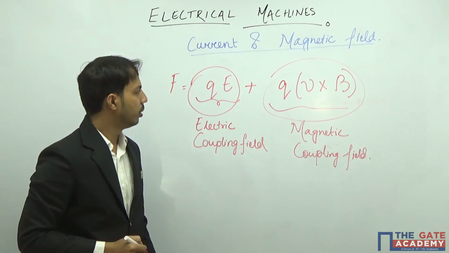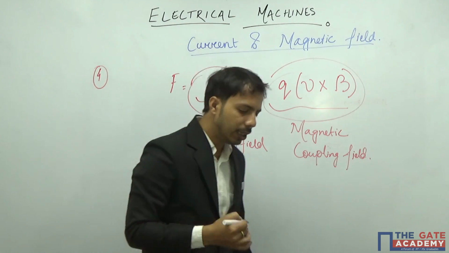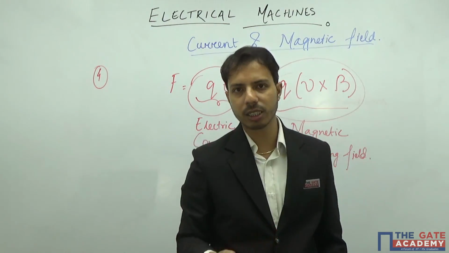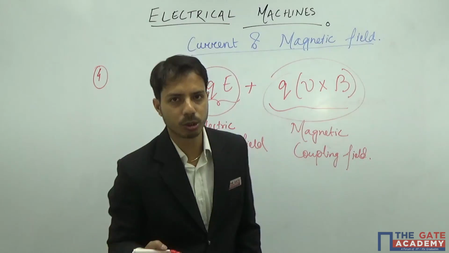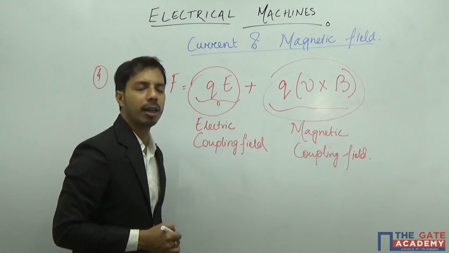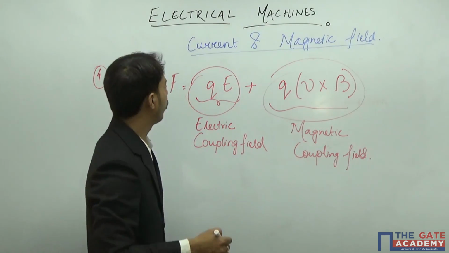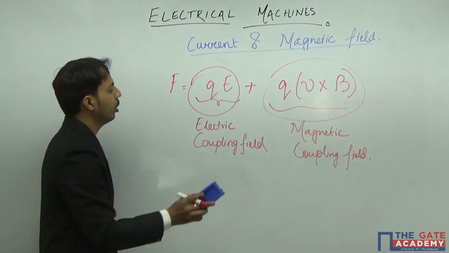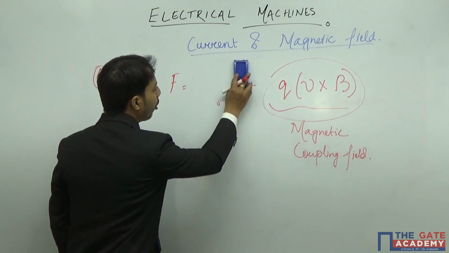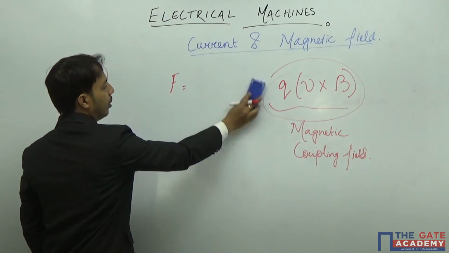Okay. Now, in our electrical machines course, we are only dealing with magnetic field, right? So whenever we use the force, we don't have electric field, so we will not use this particular term.